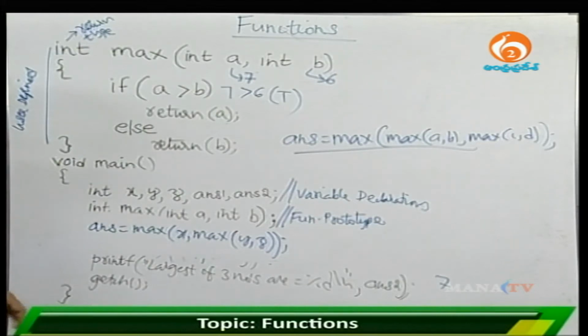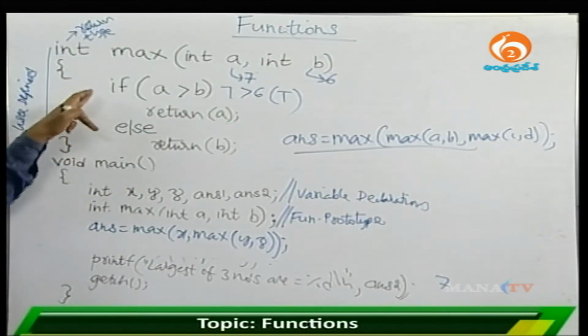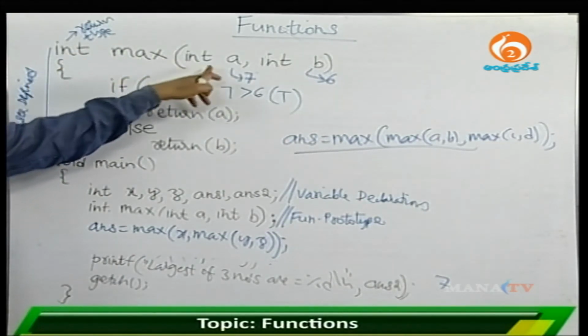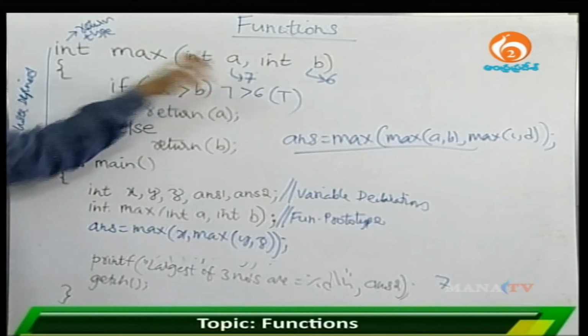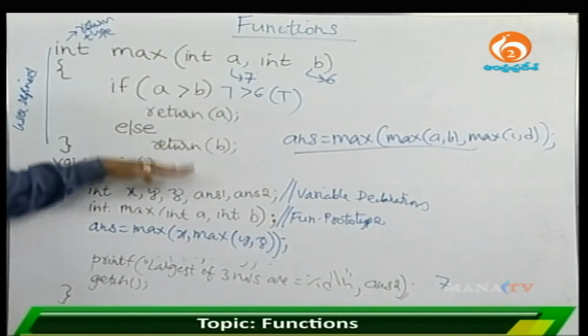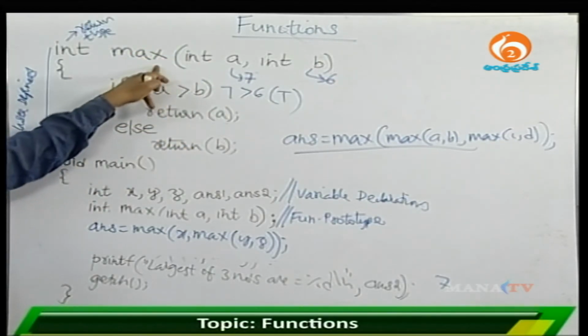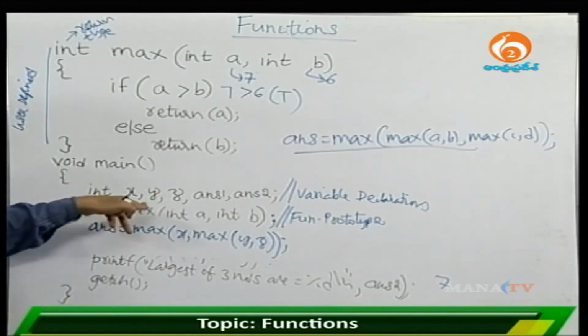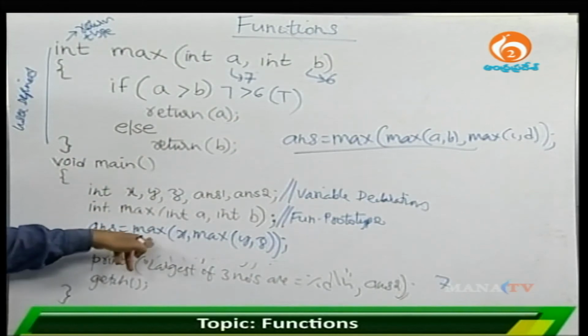So, here the parts of the function are: this is the return type, this is the name of the function, this is the formal parameter list, this is the body of the user defined function, this is a function prototype or function declaration, and this is a function call.